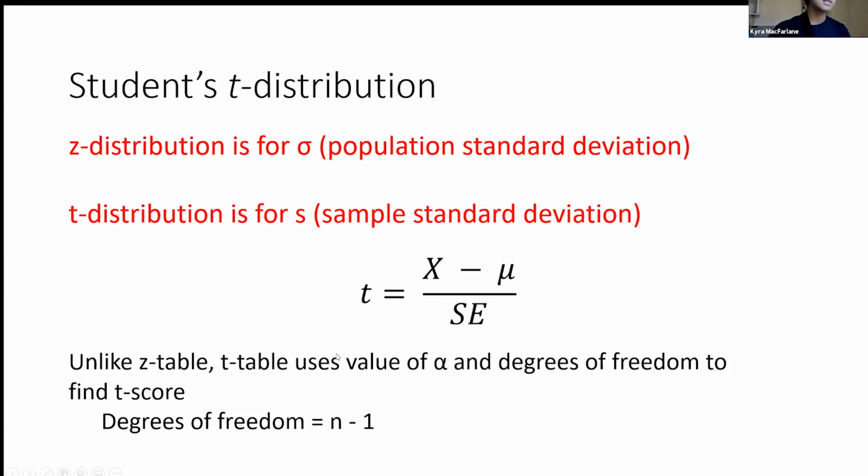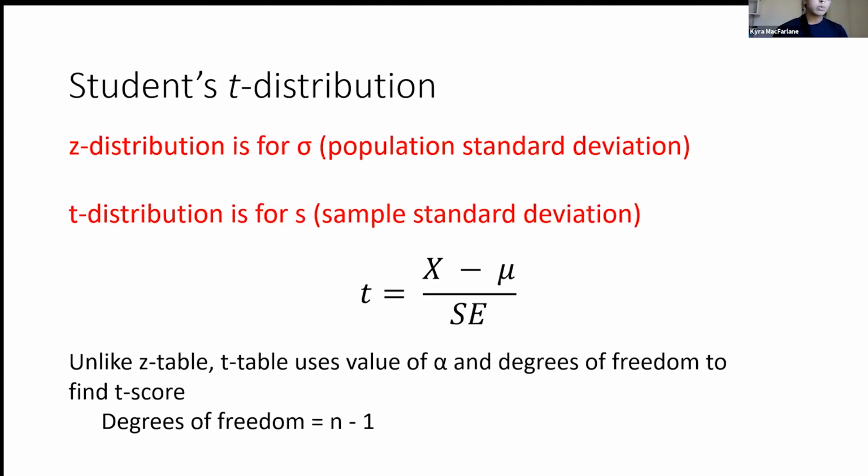And this formula should look very, very similar. It's the exact same thing as calculating our z-scores, except now we're dividing by our standard error. So really it is the same thing as calculating our z-scores when we're using them for samples. So x minus mu divided by our standard error.